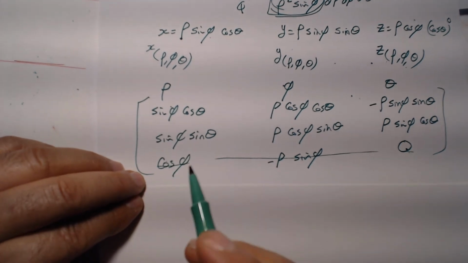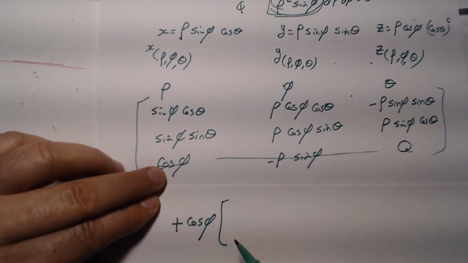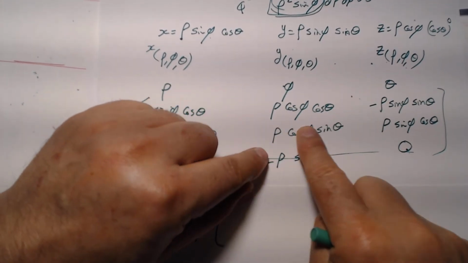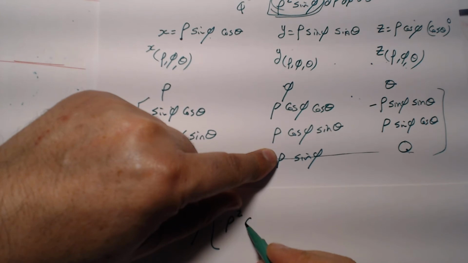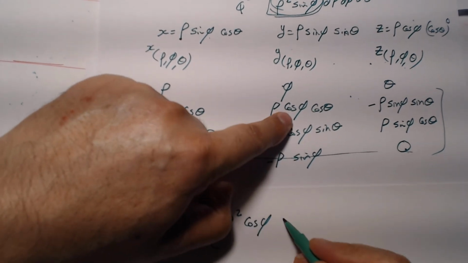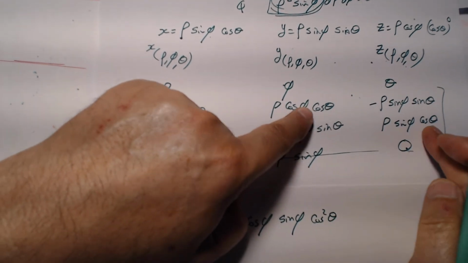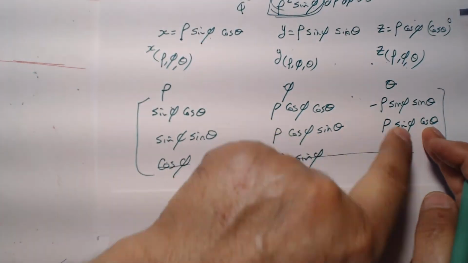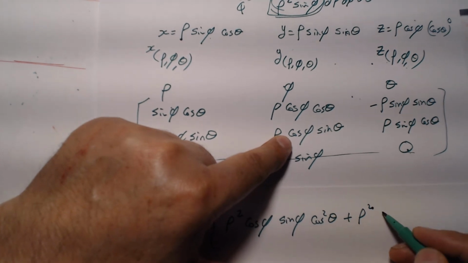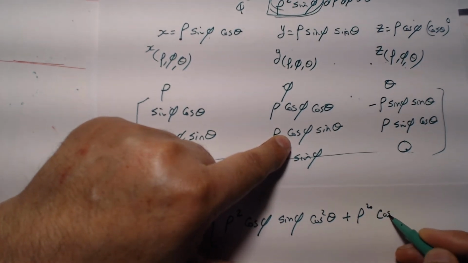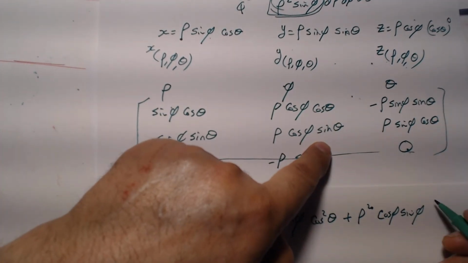Therefore, please pay attention to what I have to do. Positive, negative, positive. Then I put plus cosine of phi, that's my factor, times the 2 by 2 matrix. I need the determinant of that 2 by 2: rho squared cosine of phi sine of phi cosine squared theta, minus negative times negative, which is a positive, rho squared cosine of phi sine of phi sine squared theta.